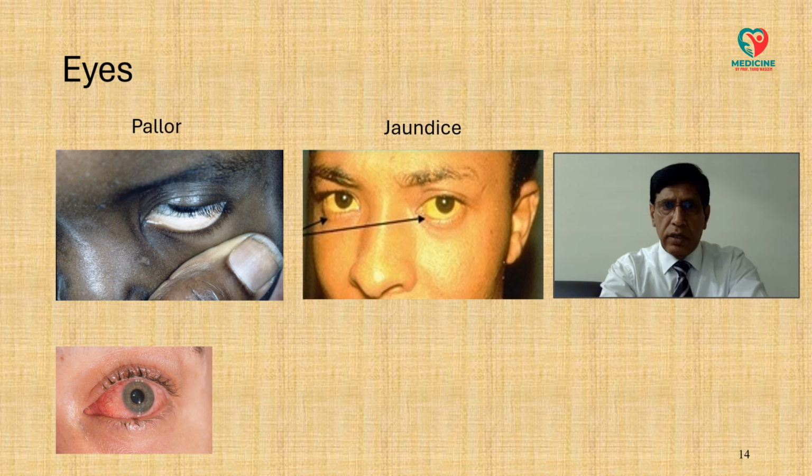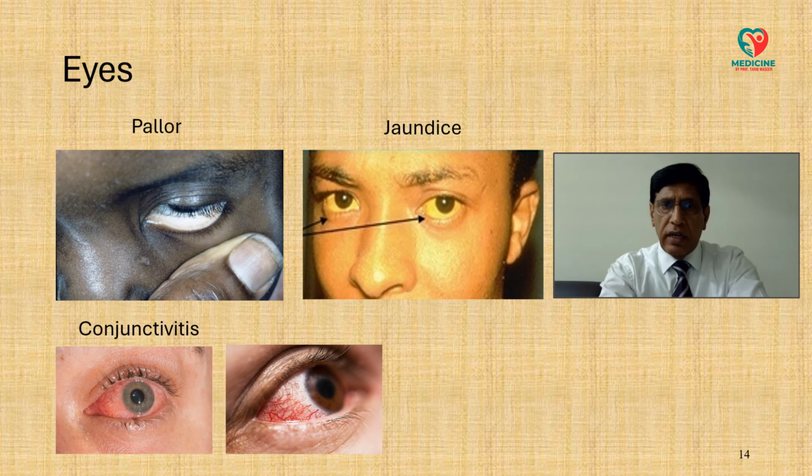Look at this eye, which is diffusely red, with marked redness and maybe some watering as well. This is conjunctivitis. Look at this eye, the redness and lacing appearance of the vessels which are dilated, but the thing is that this redness falls short of the cornea, and there is a clear cut space between the cornea and the redness.